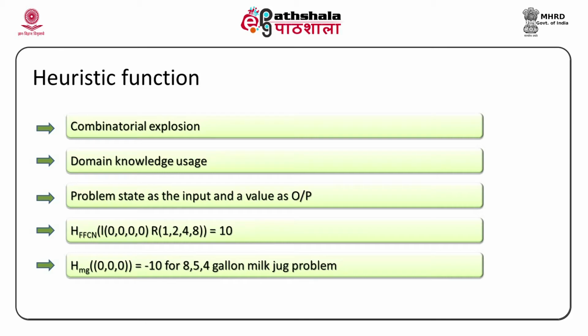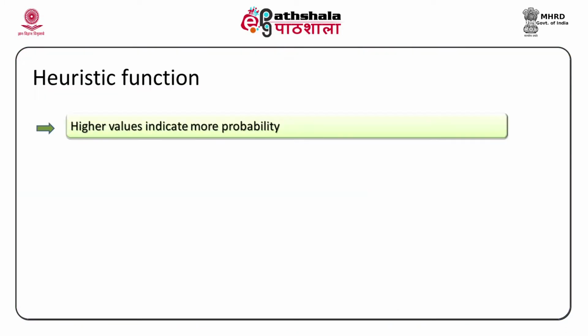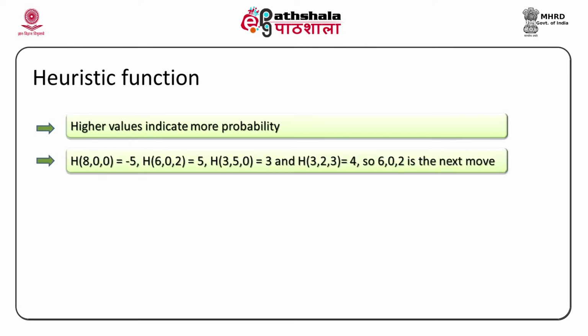These are examples, but the more important thing is that I must have some clear means of telling which move is better. For example, I am at a typical place in the 8-5-3 Water Jug problem and I have a few moves possible.